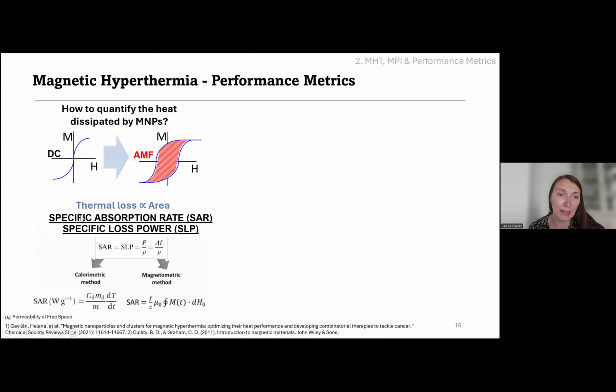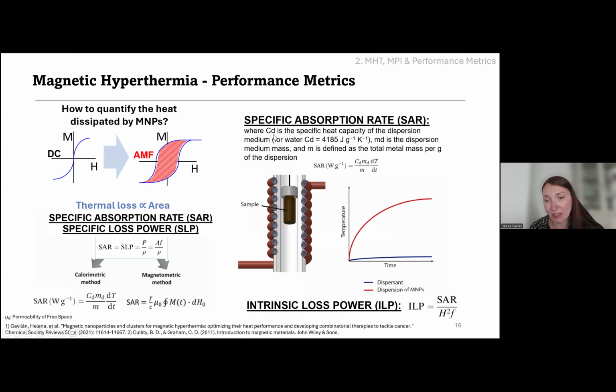How do we quantify the heat dissipated by the nanoparticles? In terms of the specific absorption rate, SAR, that is the same as the specific loss power, SLP, okay? And we can use the calorimetric method to determine it, or the magnetometric method. In the calorimetric method, we register the temperature of the sample over time, and considering the specific heat capacity of the dispersion medium and the mass of the nanoparticles, we can determine SAR.